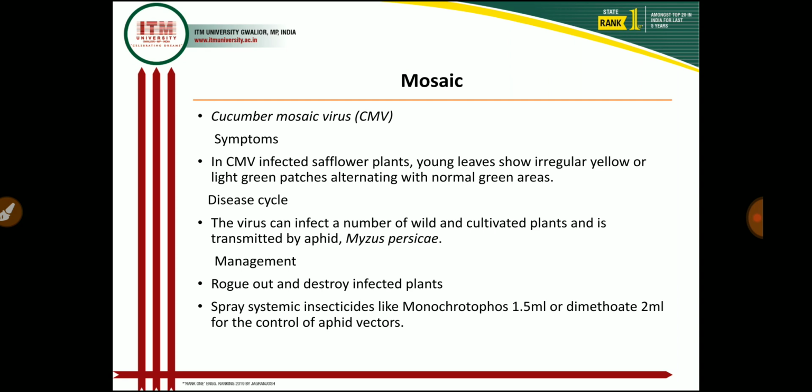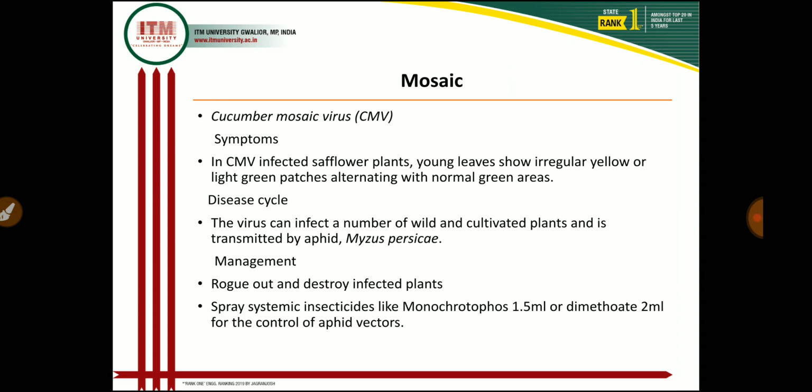In symptoms, in a cucumber mosaic virus infected safflower plant, young leaves show irregular yellow or light green patches alternating with normal green area. So, as you know, in mosaic symptoms there is an intermingling of yellow and green spots on the leaf surface.